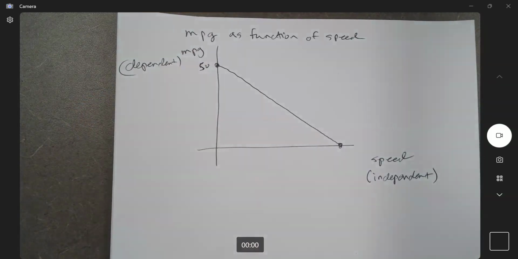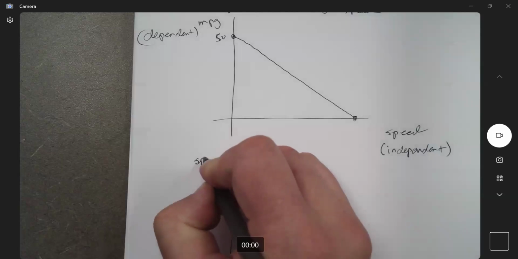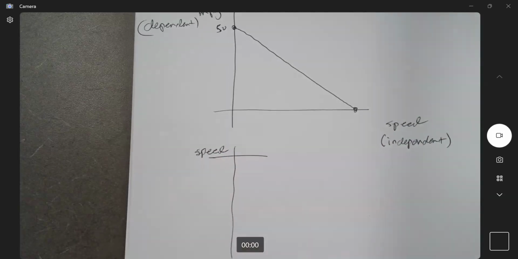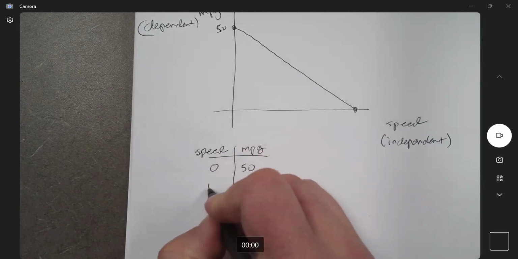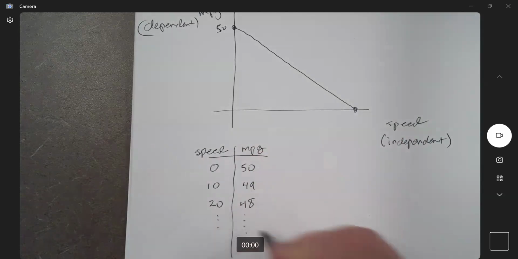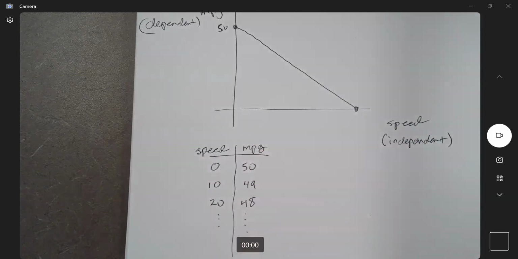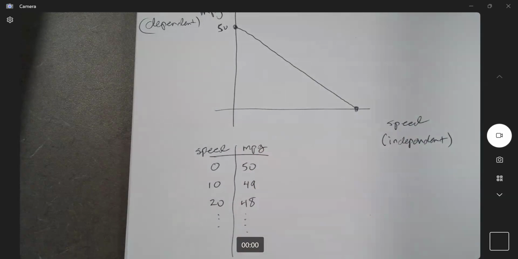That's just a convention that mathematicians came up with a long time ago. And finally, in a table, we usually put the independent variable on the left and the dependent variable on the right. All right. Any questions about that idea?